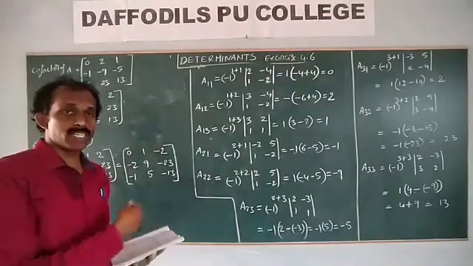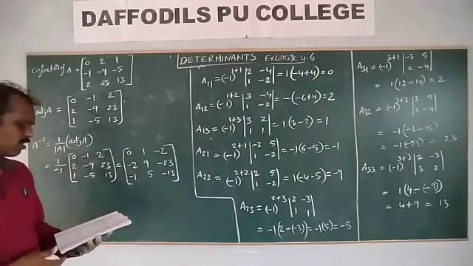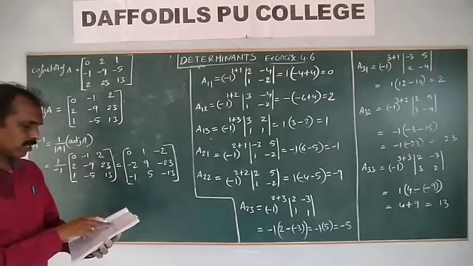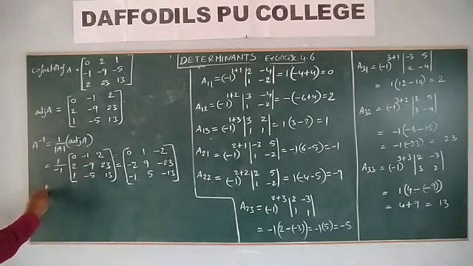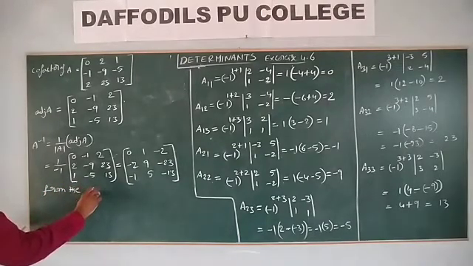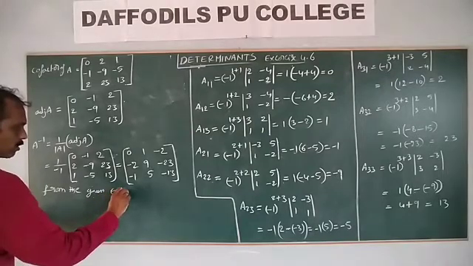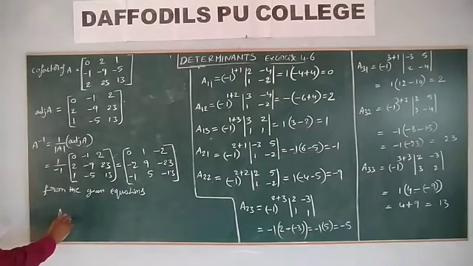Solve the system of equations. Solve the system of equations 2x minus 3y plus 5z is equal to 11. 3x plus 2y minus 4z is equal to minus 5. x plus y minus 2z is equal to minus 3. From the given equations, write A value.